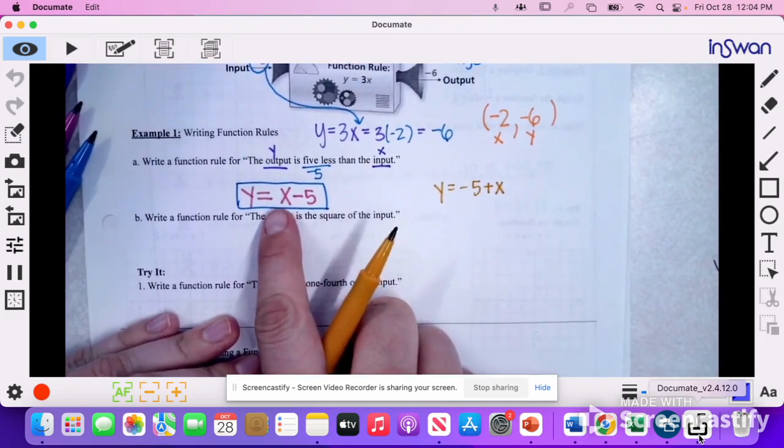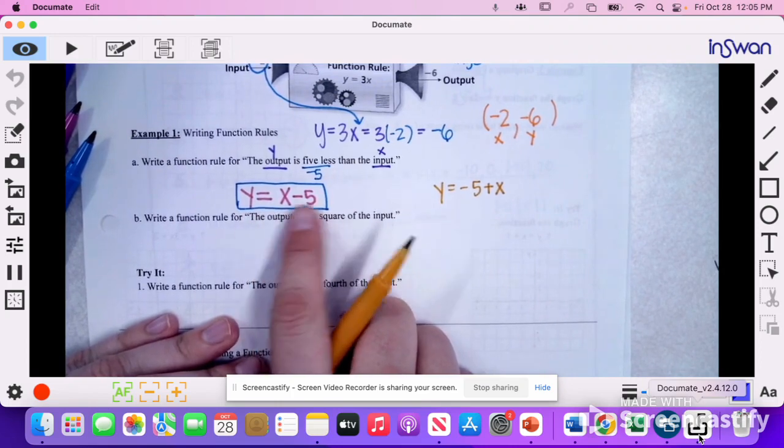Why do you think I wrote it like this? Okay. What does this look like? What form is this?